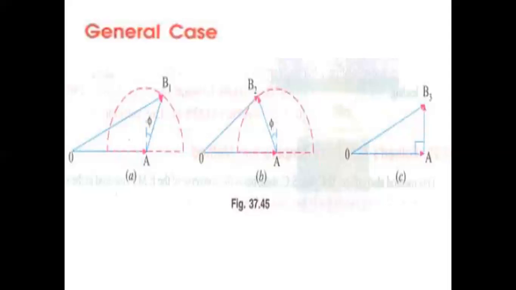So if you don't know the exact field ampere turns, we can draw using currents. If you see the next figures, this is the general case. In figure 37.47, this is the general case with 90 plus phi, with currents.